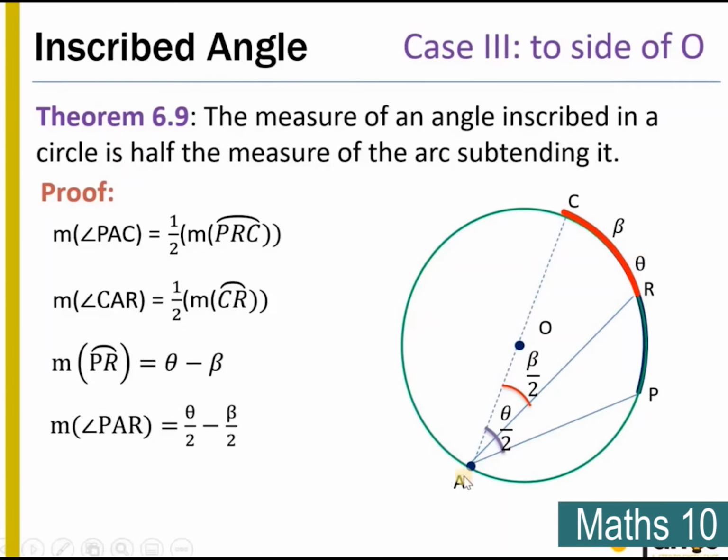And the measure of angle PAR, which is the angle that we care about, is equal to theta over 2, all the way across, minus beta over 2, which is (theta minus beta) over 2, which is half of the measure of the arc PR.